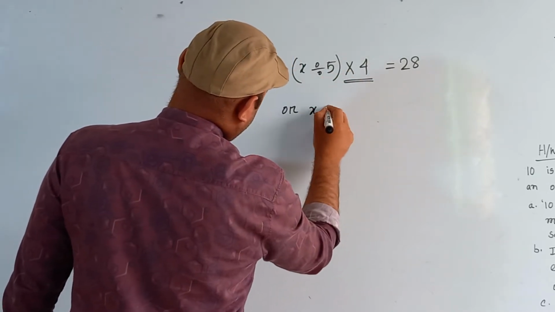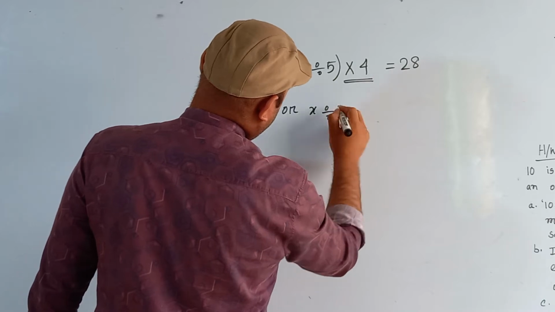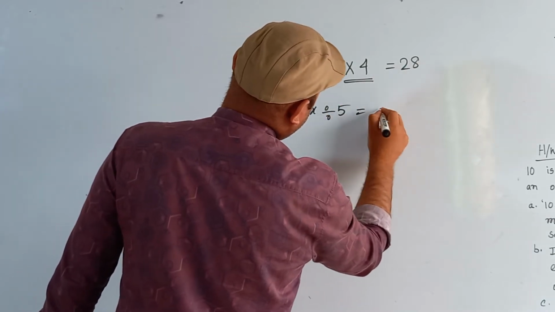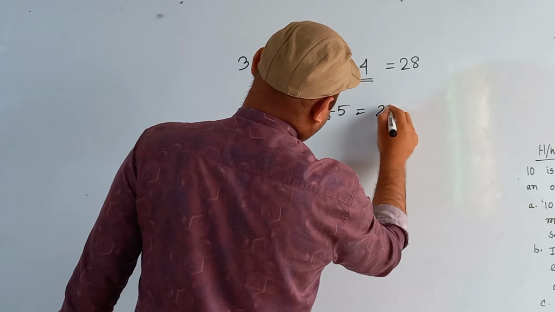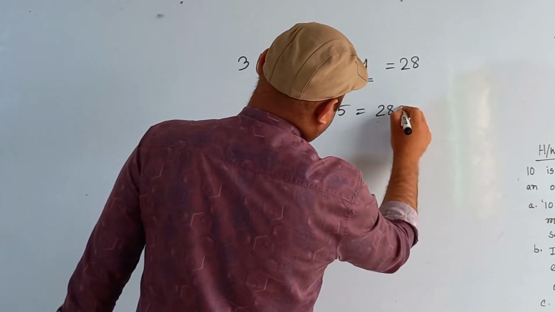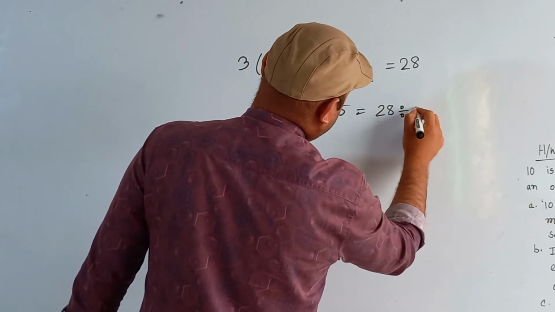So we can write x divided by 5 is equal to 28 divided by 4.